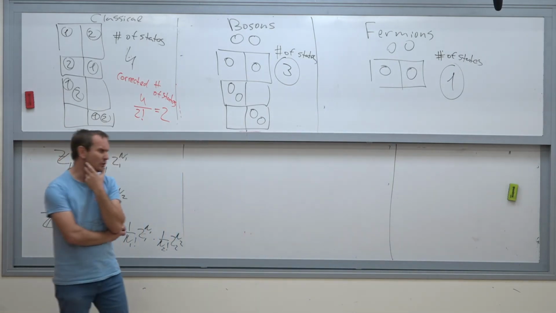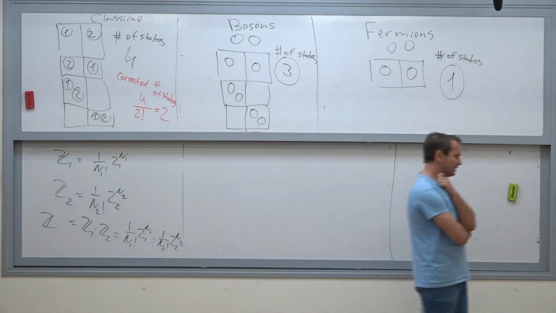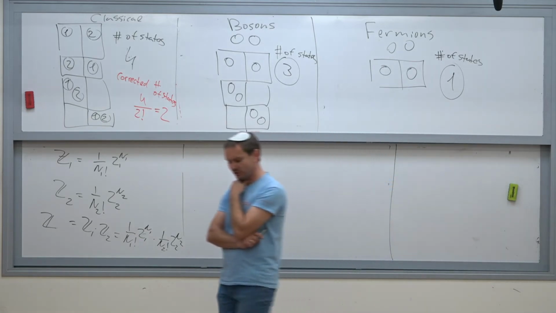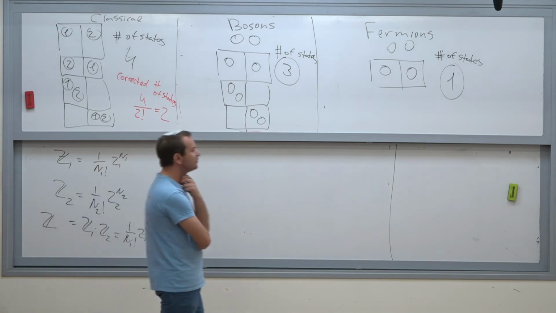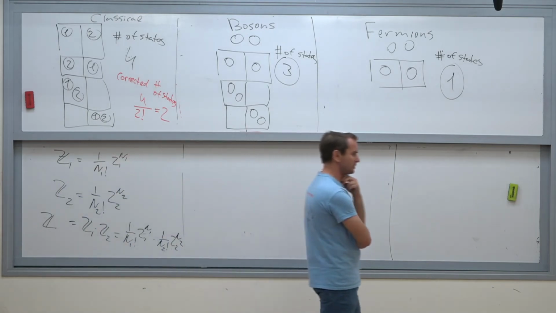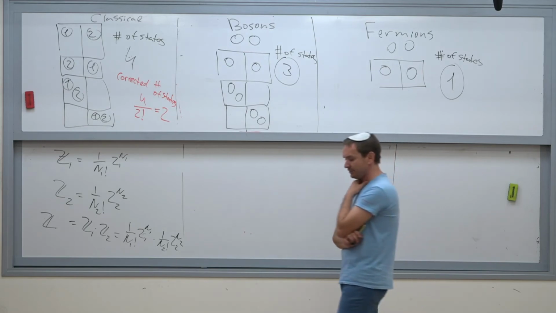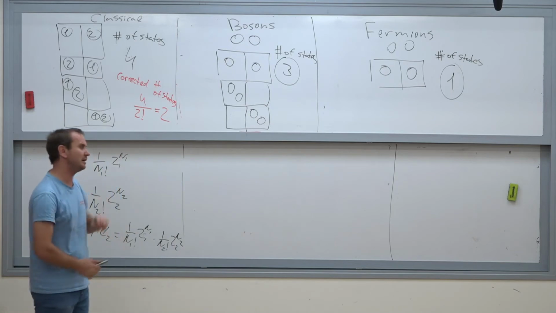Now, still on the frontier of classical physics, something actually pretty interesting is occurring for high enough temperatures. Because when the temperatures are high enough, we can take the classical representation.